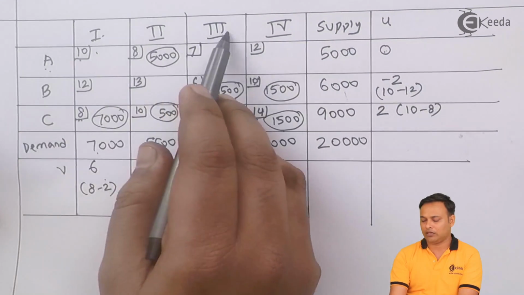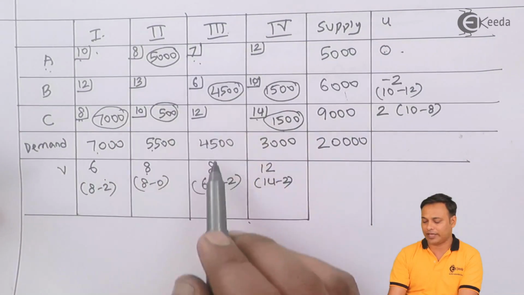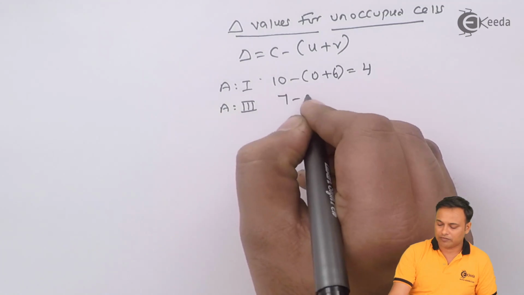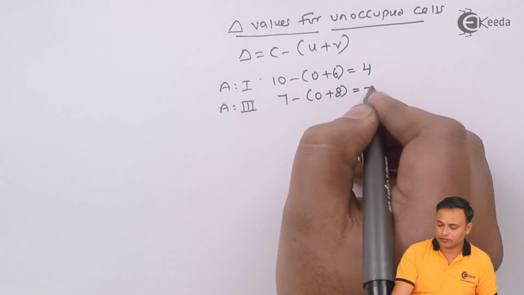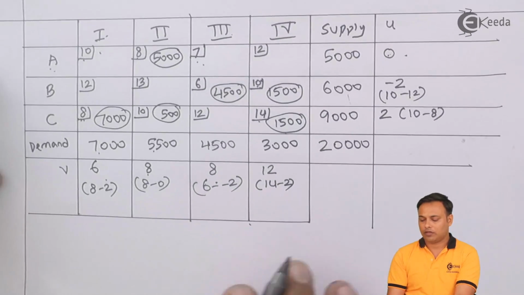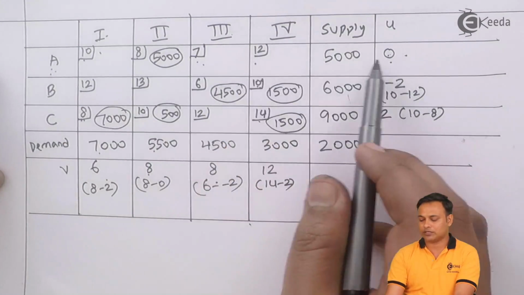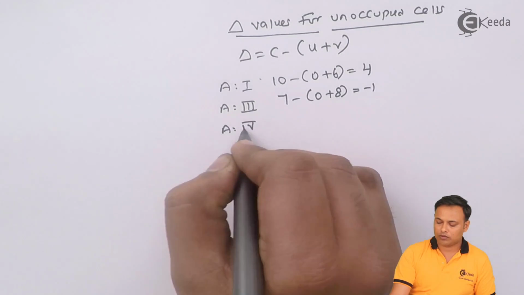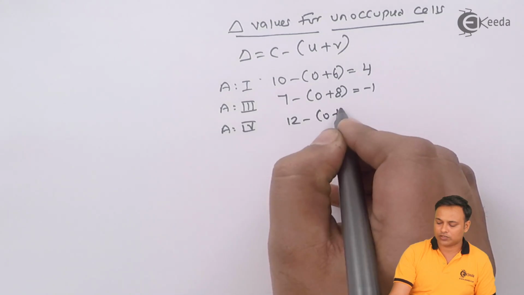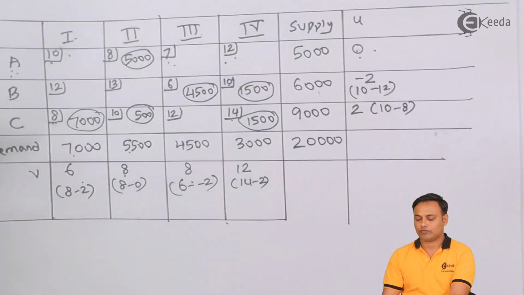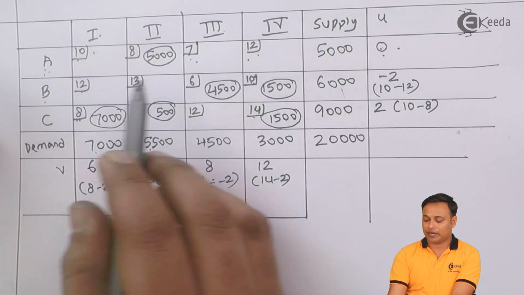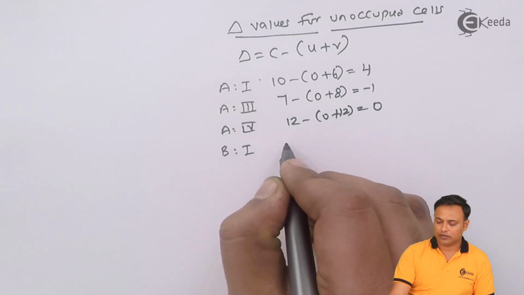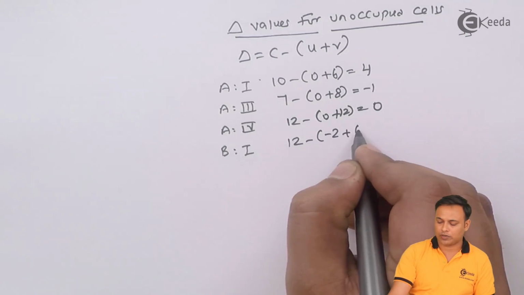Next is A3, 7 minus 0 plus 8. A4, 12 minus 0 plus 12. B1, 12 minus minus 2 plus 6.